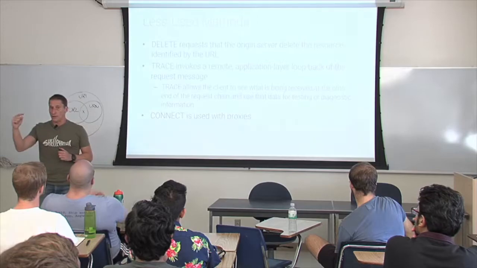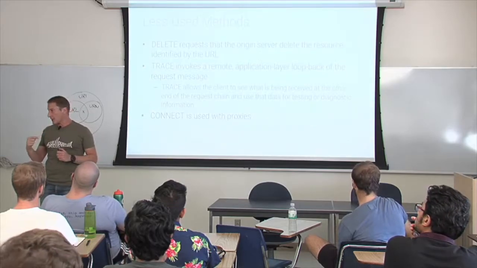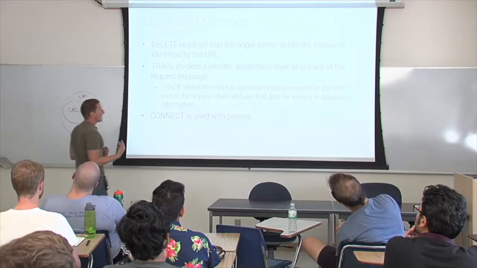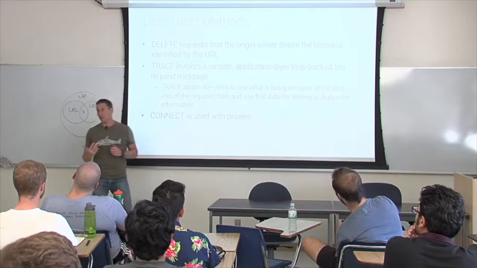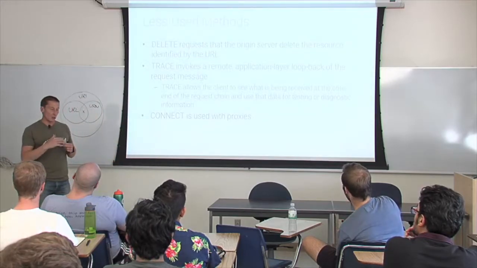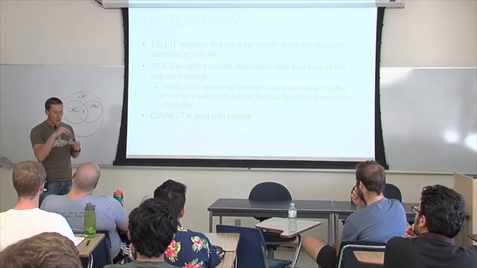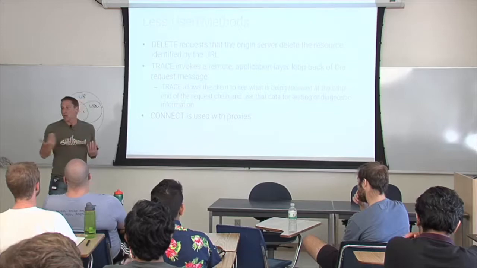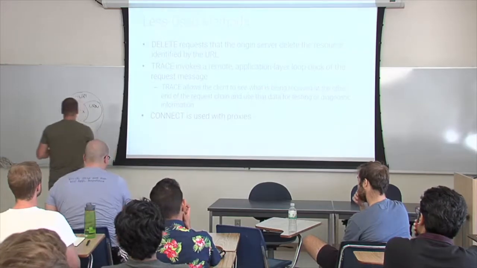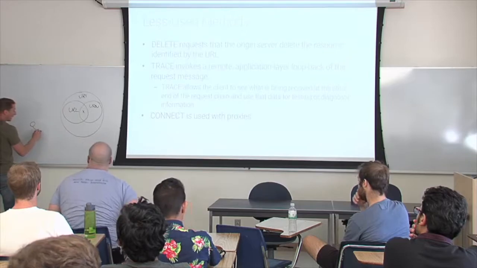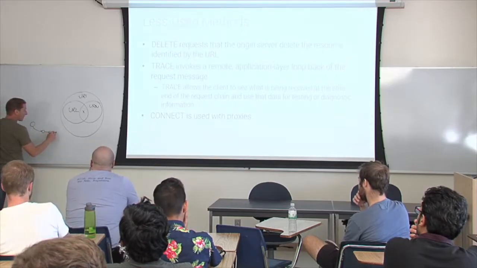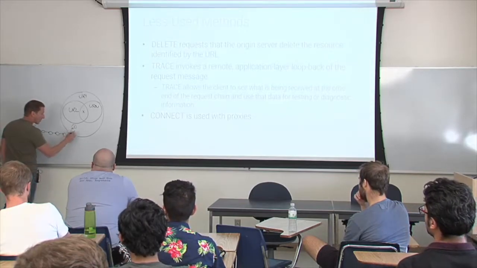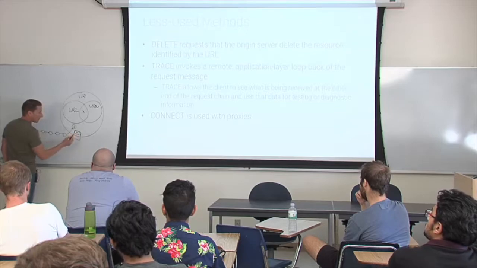fundamentally ask the server to send back whatever the server observes in terms of the request that has been made by the client. This is useful, for example, if you're a client sending a request, and there are a bunch of proxies and tunnels that add headers, and you don't know, because there are all these intermediaries adding headers to your request until it gets to the server, the actual complete header is not clear to you.